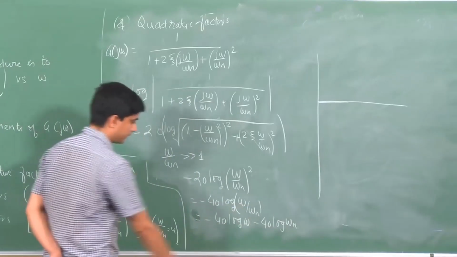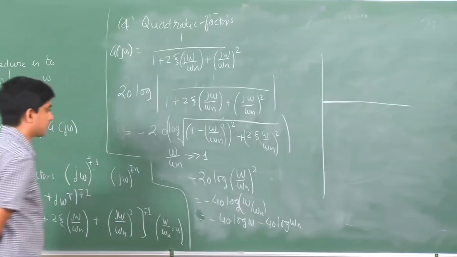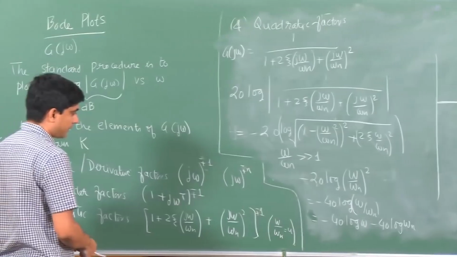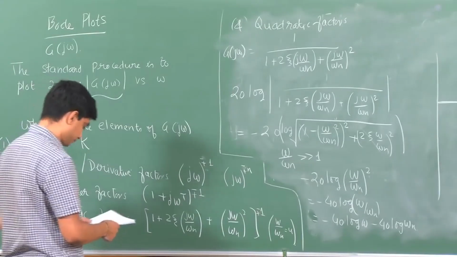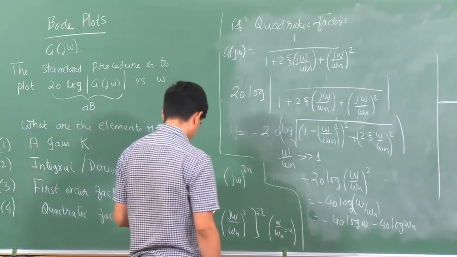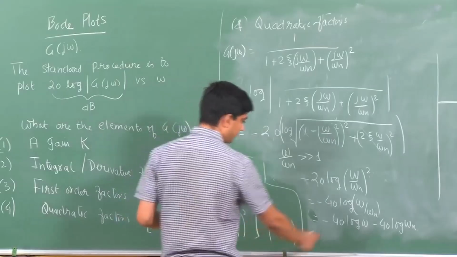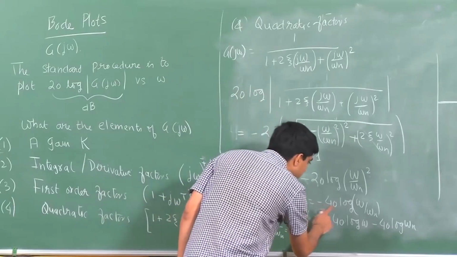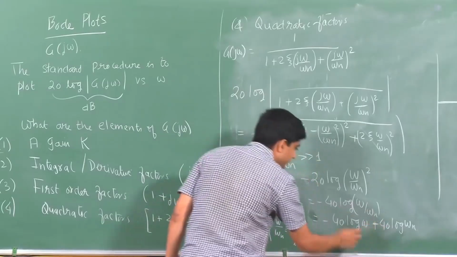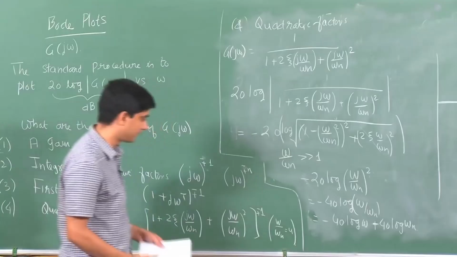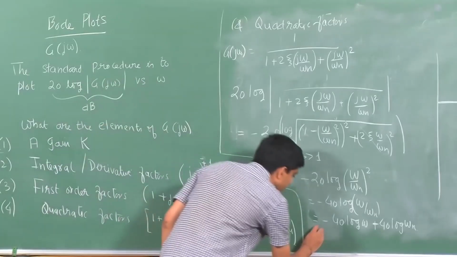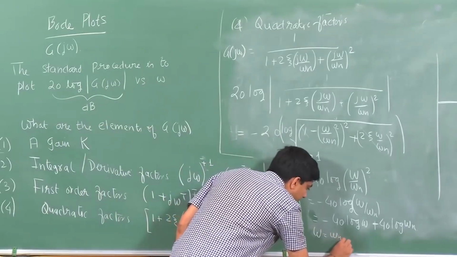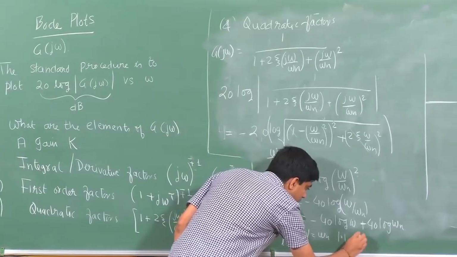This can be computed because omega n is already given to you. When omega equals omega n, the magnitude goes to 0. Sorry, this is minus 40, this will be a plus here, because it just jumps to the numerator.